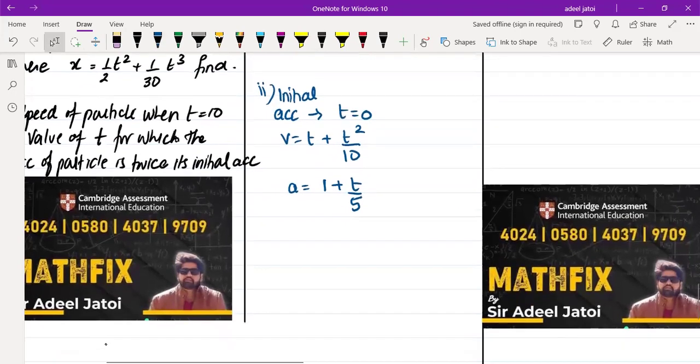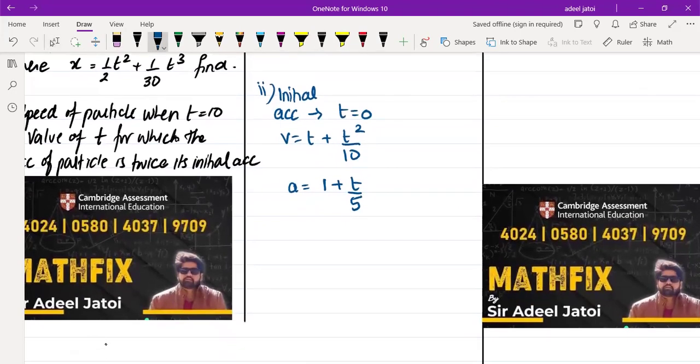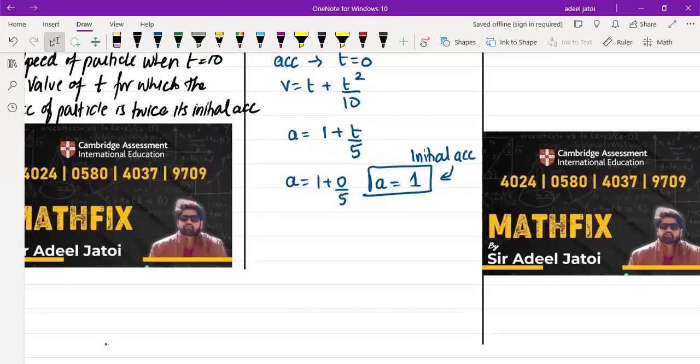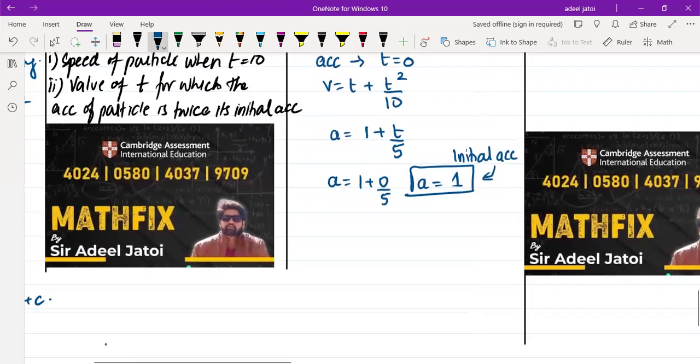So initial acceleration, when t is equal to 0, a is 1 plus 0 upon 5, so a will be 1. So this is your initial acceleration, because t is 0. Now it says that the acceleration of particle is twice the initial acceleration.